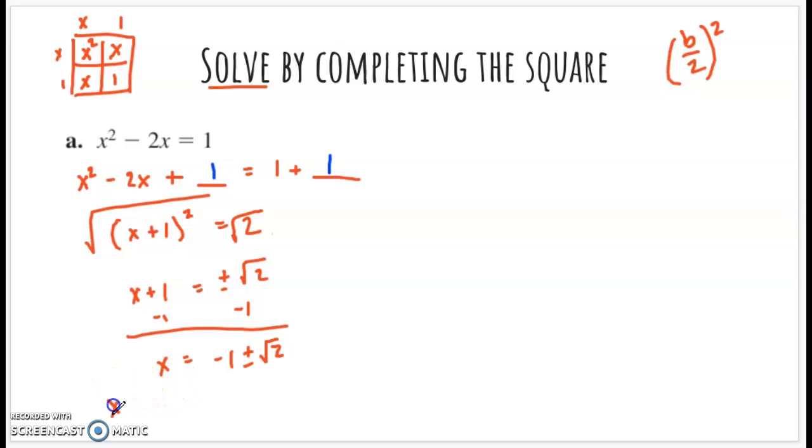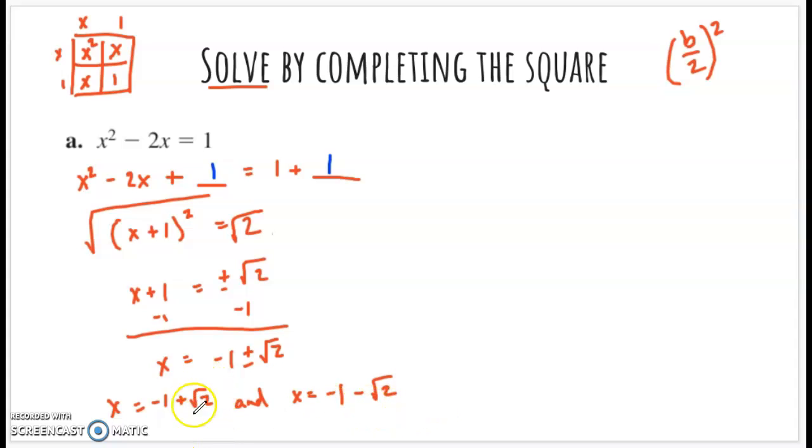You could also just break that down. x equals negative 1 plus the square root of 2, and x equals negative 1 minus the square root of 2. That plus or minus means that you're actually doing two separate problems there.